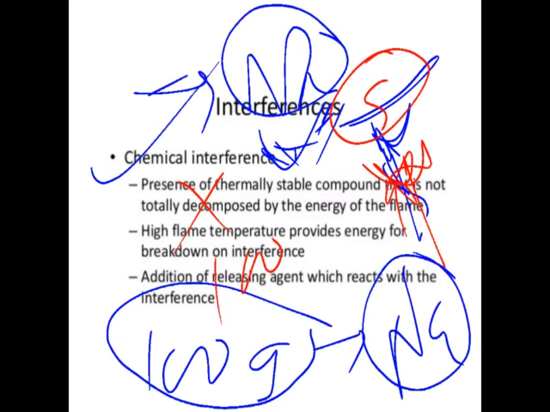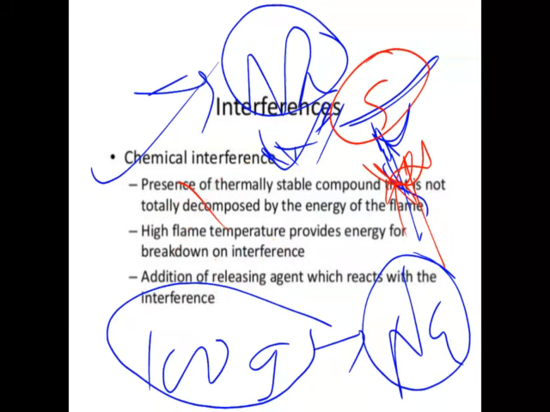But due to its thermal stability, out of 100 gram only 60 or 40 or 50 gram will be vaporized. Only the vaporized atoms will absorb the radiations, and we get information only regarding those vaporized atoms. The residue which is not converted into vapor form, we cannot determine its concentration. That is one of the interferences, called chemical interference. The readings change, and we do not get accurate readings, due to the thermally stable substance which does not decompose completely. That is the first part.